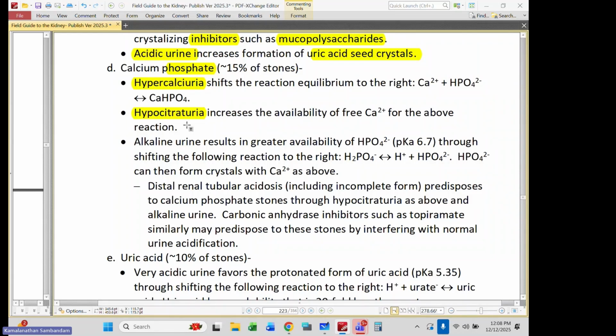That is often especially true because many of these patients with calcium phosphate stones have either overt or subclinical metabolic acidosis. You'll recall why metabolic acidosis is important in rendering the urine hypocitraturic, right? We've gone over the pathophysiology of that.